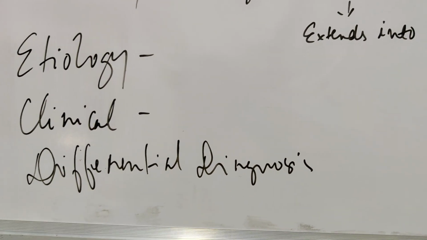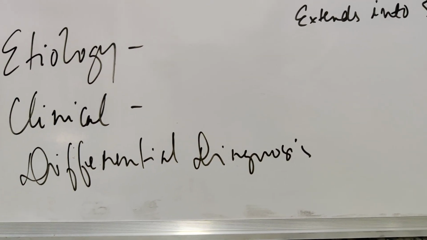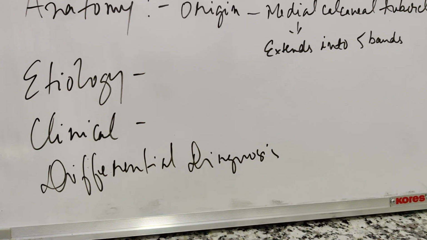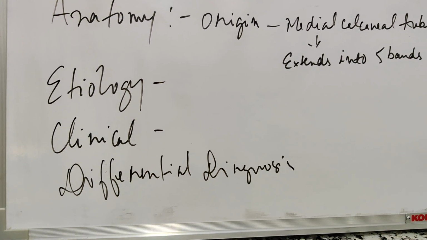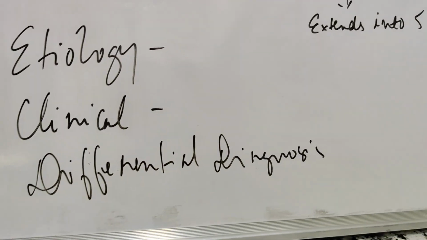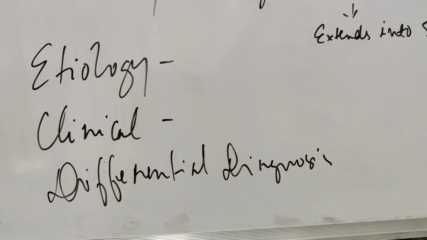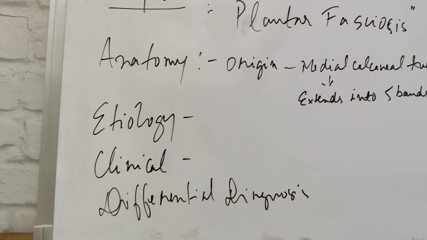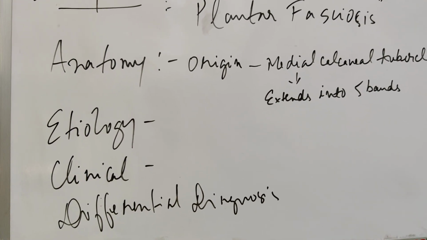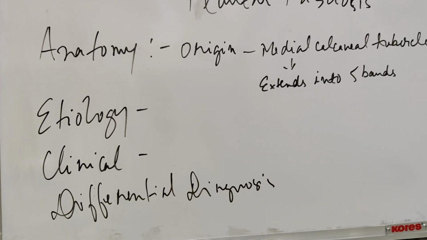Next, let us come to the differential diagnosis. We can divide the differential diagnosis into neurological, soft tissue, skeletal, and miscellaneous factors. Under neurological, there may be abductor digiti nerve entrapment, lumbar spine disorders, problems with the medial calcaneal branch of the posterior tibial nerve, and tarsal tunnel syndrome.